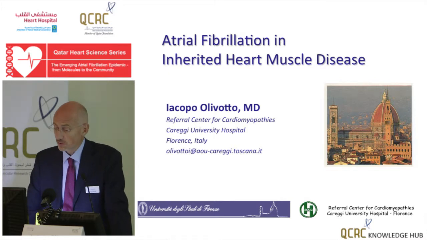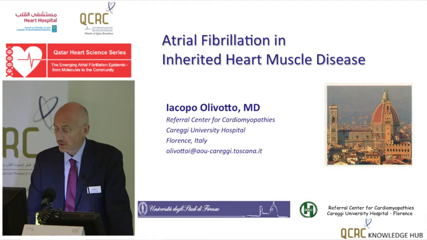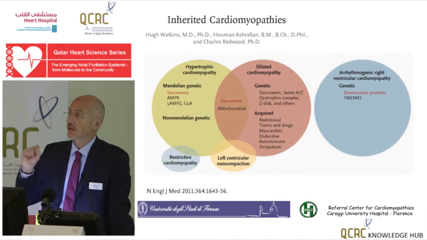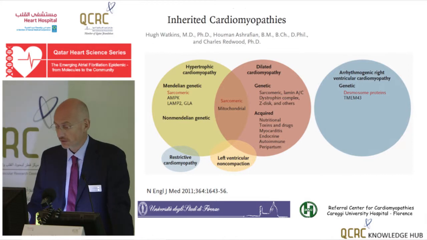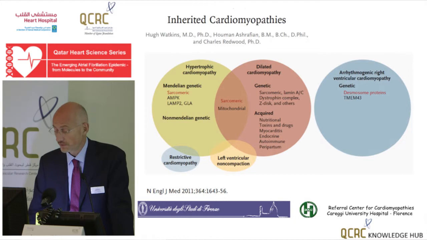As you can see here, though, there are a number of conditions, including hypertrophic, dilated, non-compaction, and restrictive, that have huge areas of overlap because some of the genes involved are in the actual machinery of the heart: sarcomere, Z-disc, structural genes of the heart.